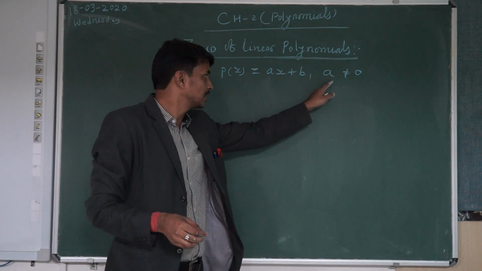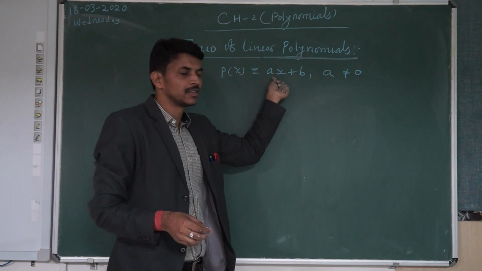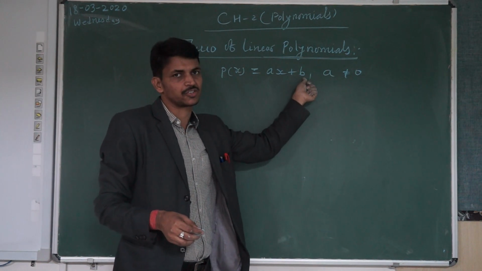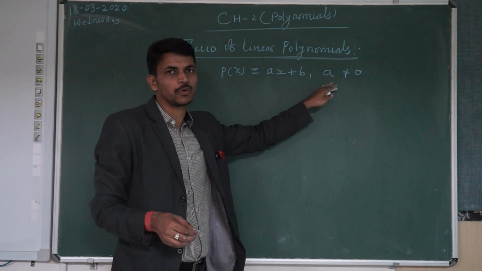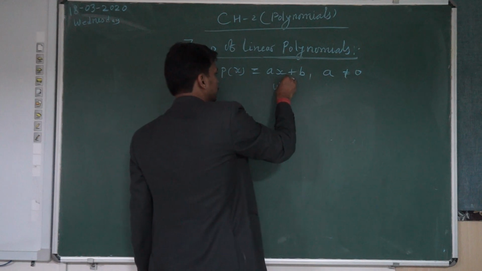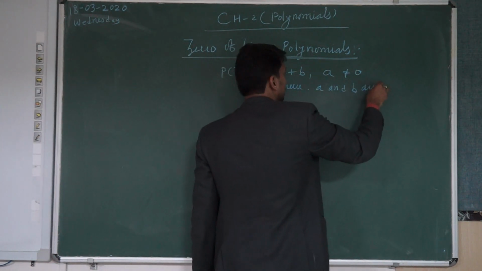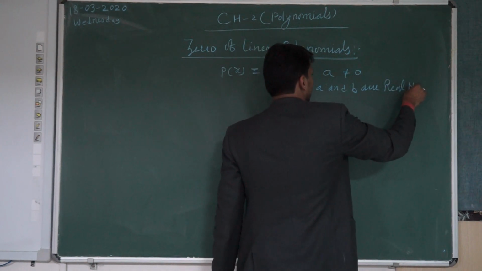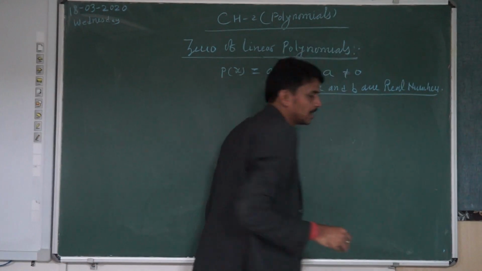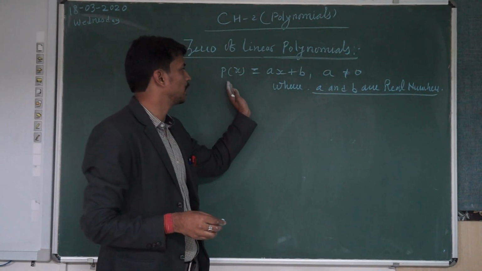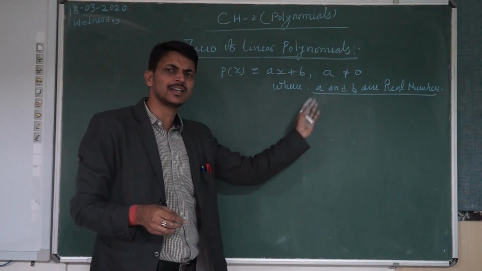We know that if I take a as 0, the term ax will vanish and we will be left only with the constant. So it is mandatory to have the condition that a is not equal to 0, where a and b are real numbers. I hope I am very clear about this. The standard form of a linear polynomial is ax plus b, where a is not equal to 0 and a and b are constants, real numbers.